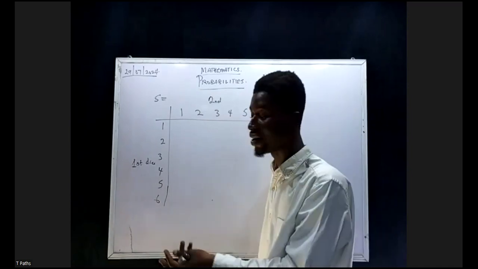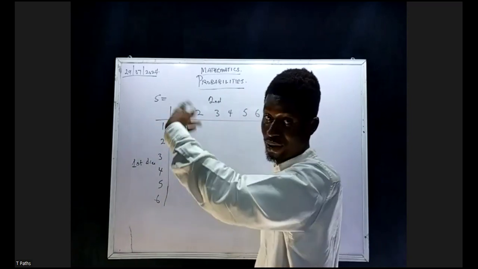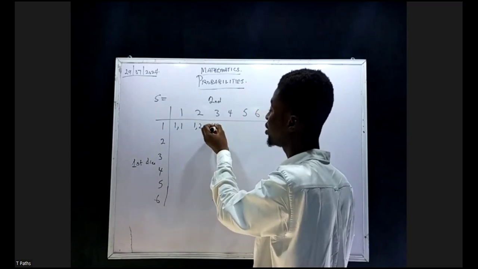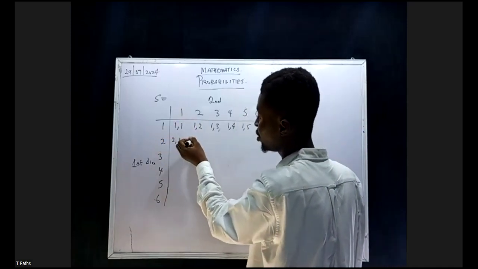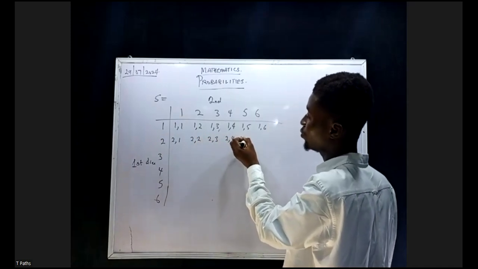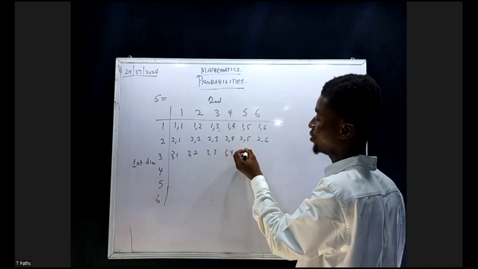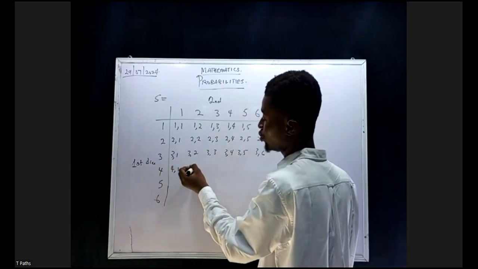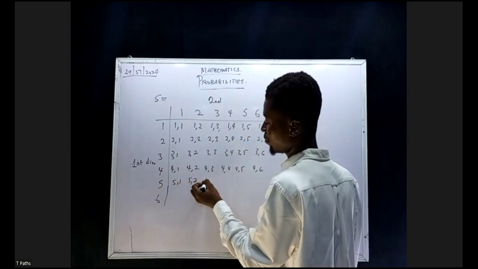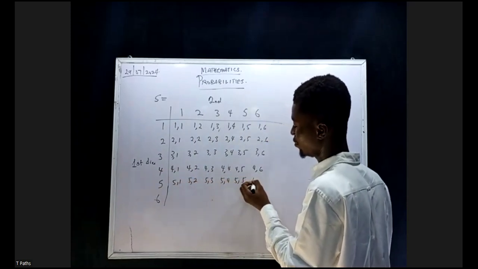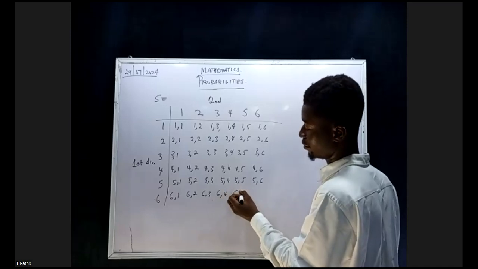If I throw 2 dice, I have the possibility of getting 1,1, 1,2, 1,3, 1,4, 1,5, 1,6, or 2,1, 2,2, 2,3, 2,4, 2,5, 2,6, 3,1, 3,2, 3,3, 3,4, 3,5, 3,6, 4,1 through 4,6, 5,1 through 5,6, and 6,1 through 6,6.